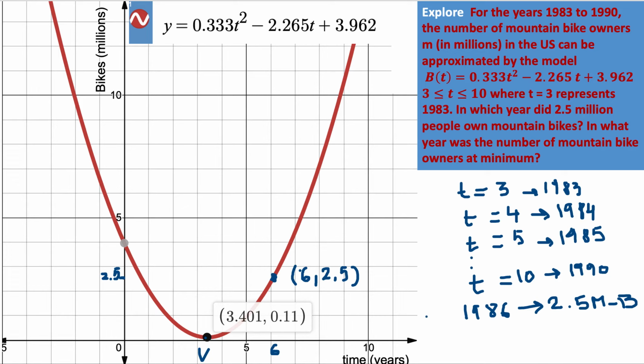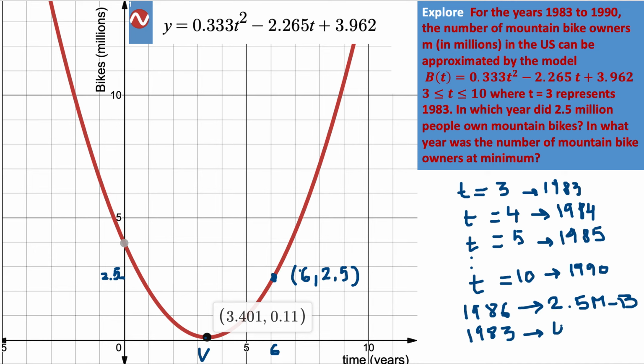What does it mean? In 1983, approximately. This decimal represents 4.01, and on the graph it is about April or May of 1983, and in this year 1983 was the minimum, and the minimum was around 0.11.